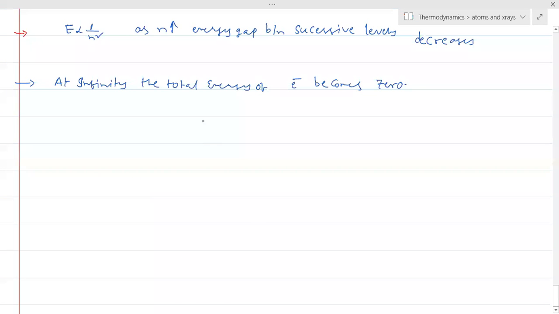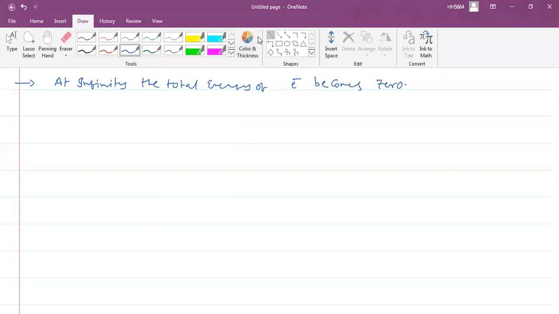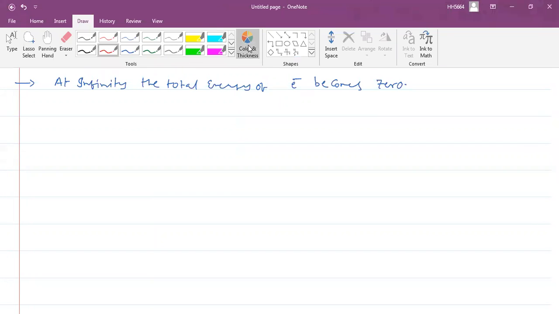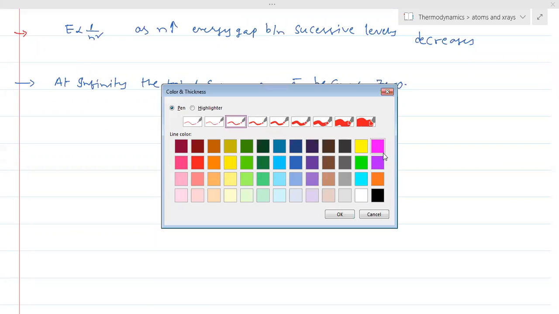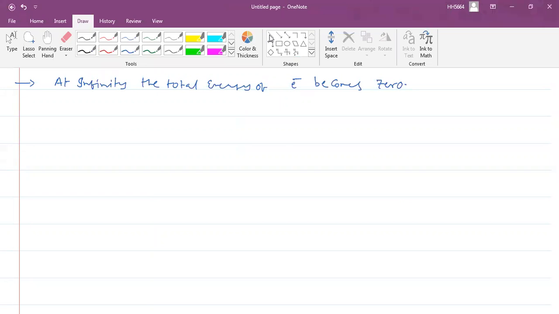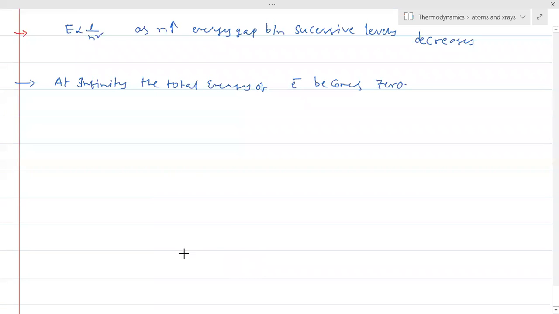So the following values are very, very important. They are very precious, because if we know those values, we can do problems much quicker. Otherwise, we will be in trouble. Suppose I am taking here, this is the ground state.